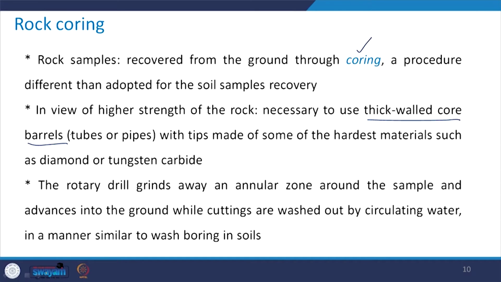So, the point is, the extraction process of the rock is very much different than that of the soil. In view of the high strength of the rocks, one has to use the hardest material in order to extract the sample from the ground.